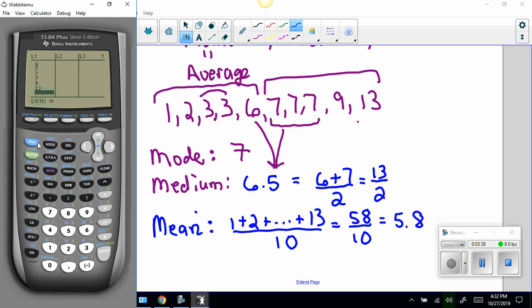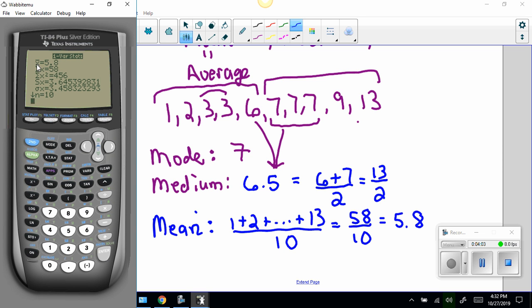Then second, quit. Then hit the stat key again, go over to calculation, first variable statistics. I'm looking at list 1, frequency, nothing, calculate. If you have the older version, you just hit enter.